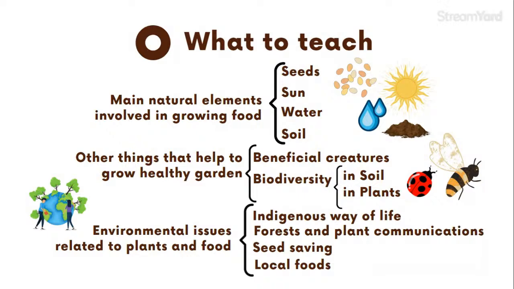So there are 3 general categories of lessons that we include in our lesson plans, which are essentially complemented with the gardening activities that we do. The main topic is the natural elements involved in growing food. We do want to teach about those: seeds, sun, water, and soil. So in Oasis Classroom, for example, we have one entire lesson plan for seeds and seedlings.